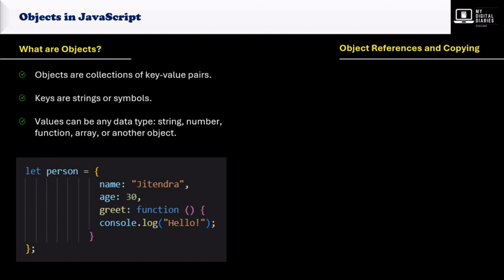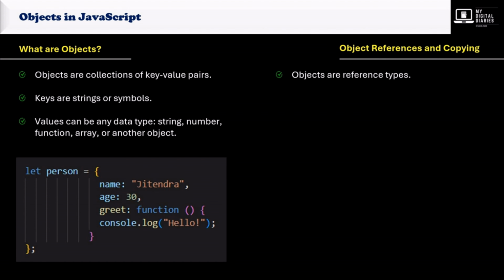Now let's look at another important point: object reference and copying. In JavaScript, objects are reference types. That means when you assign one object to another, you are not copying the actual object, but you are copying the reference.